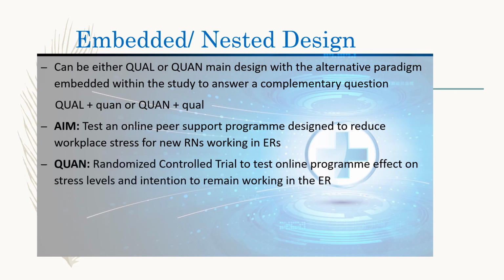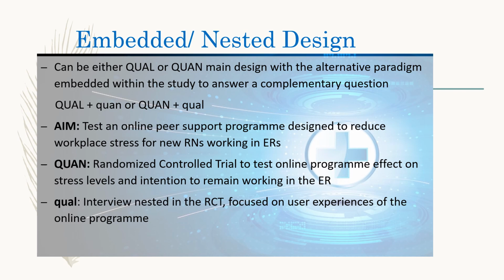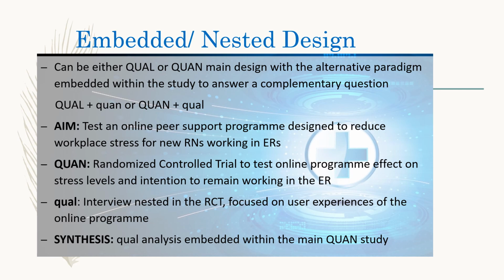A randomized controlled trial tests the online program's effect on stress levels and intention to remain working in the ER, followed by interviews nested in the randomized controlled trial, focusing on user experiences of the online program. So what is the synthesis of this one? Qualitative analysis embedded within the main quantitative study.